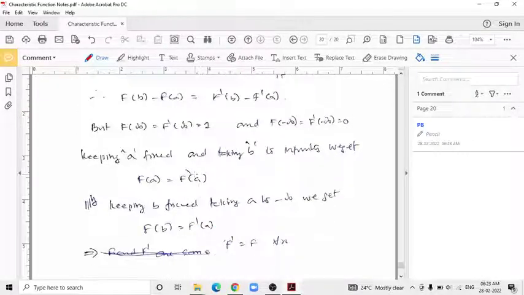And this is F dash. So that's about the uniqueness theorem of the characteristic function, and that's the end.